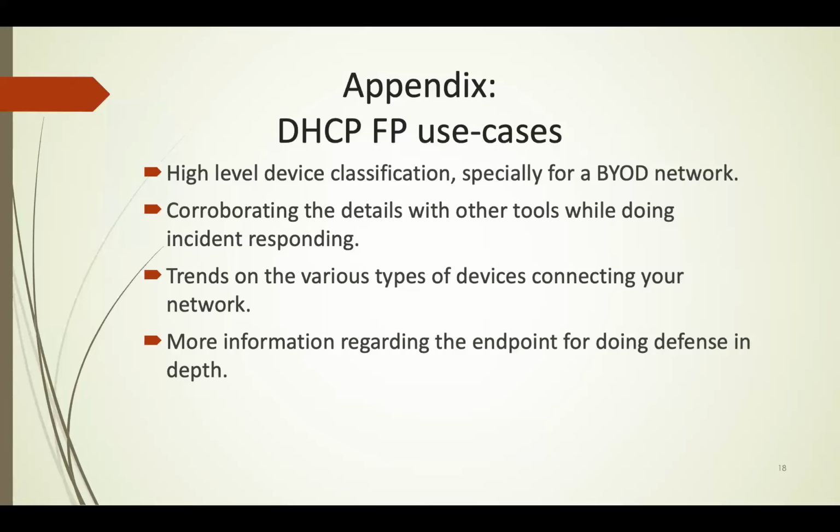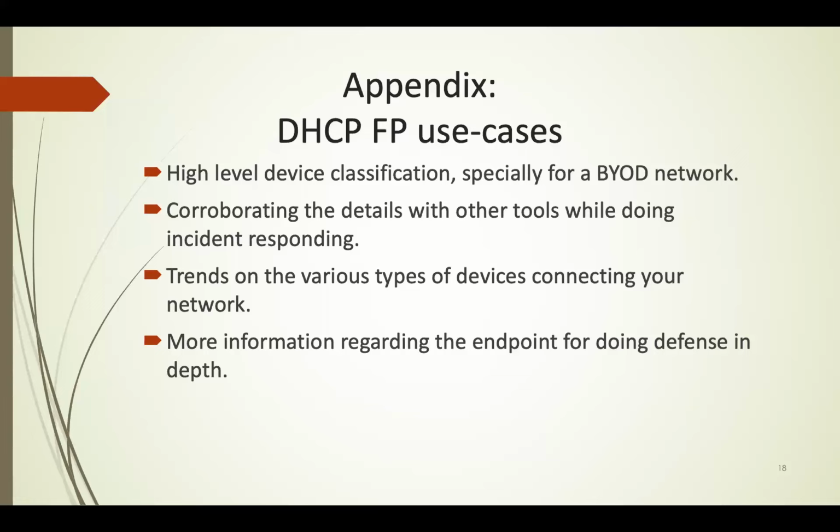And again, for me as a security engineer, it is always helpful to have more information regarding an endpoint when I'm doing some kind of forensics, or when I'm doing incident response. At that point, I was just thinking that if only I had some more information about what kind of operating system or what kind of vendor the person is using, that's always great.